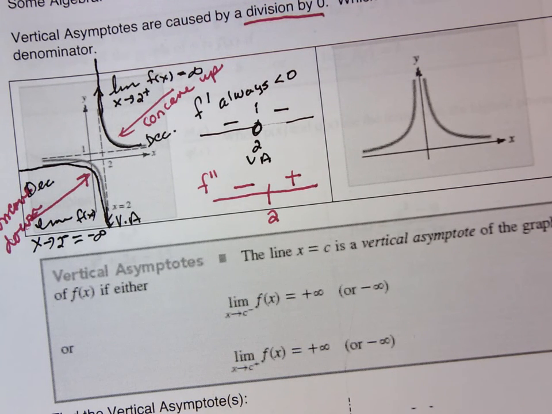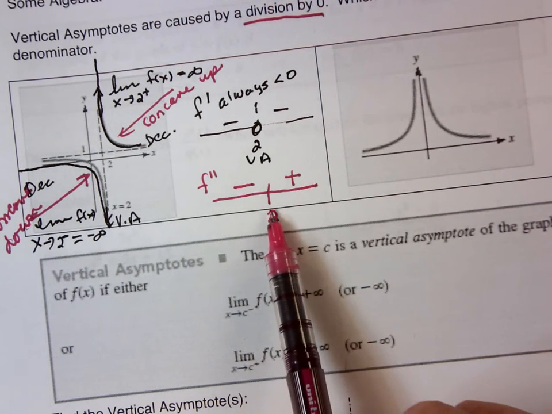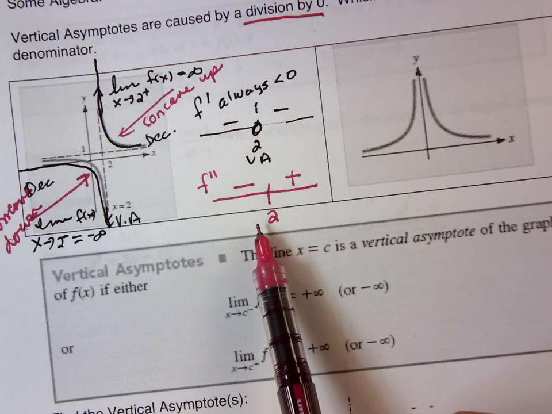This whole thing is to save you from what I got hurt on time and time again as a student, which is I forgot to include the VA as a critical number. And if I don't, I'm really going to mess up on concavity.